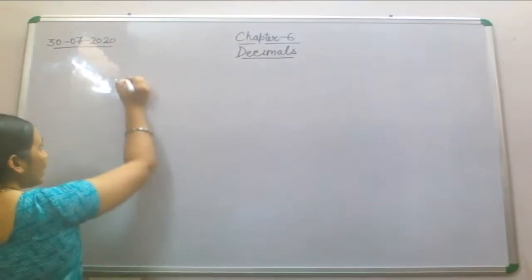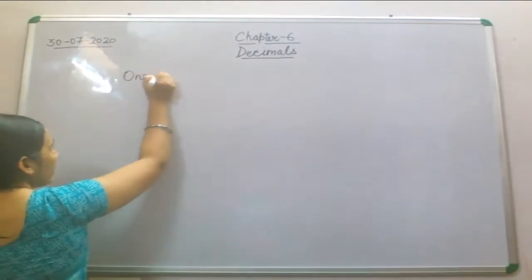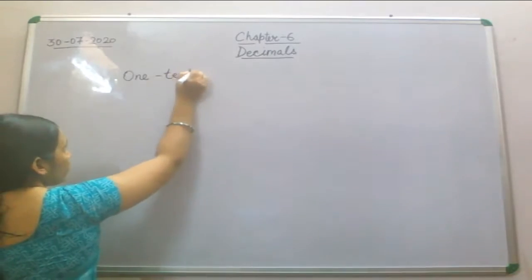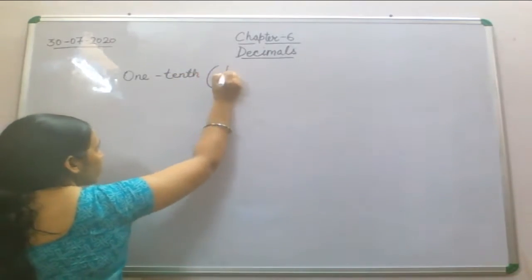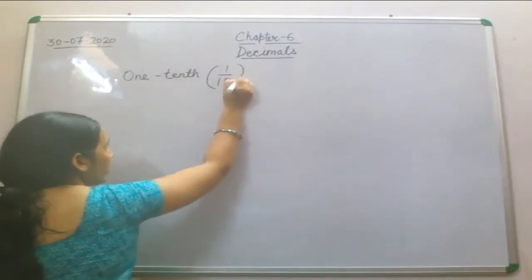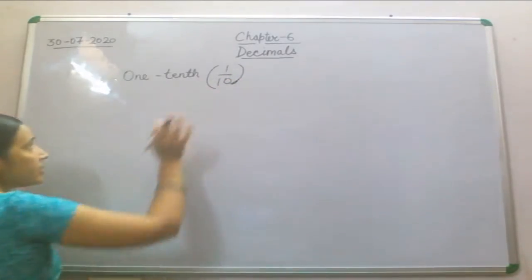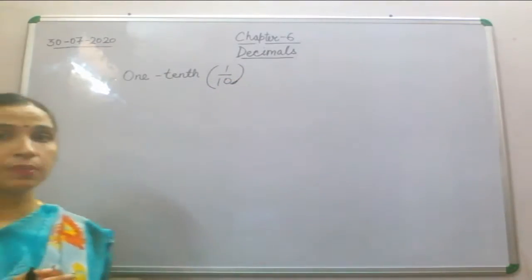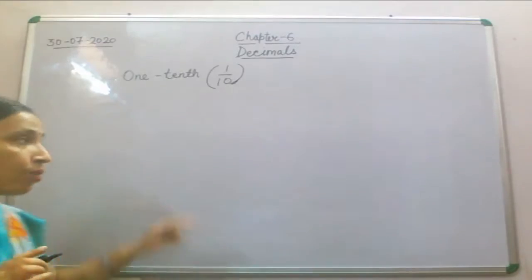First of all, 1/10. This is the first place of decimal, 1/10. Now what does it mean?